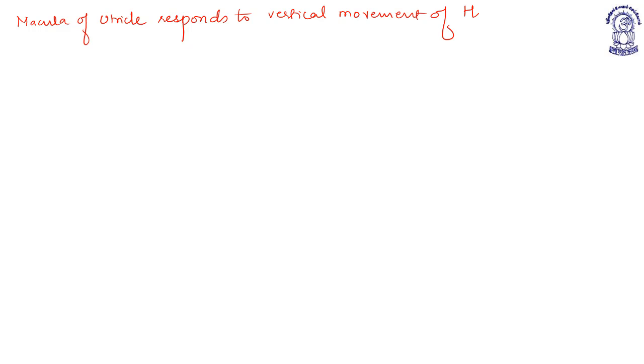Macula of the utricle responds to vertical movements of the head, like nodding of head, chin up, chin down.